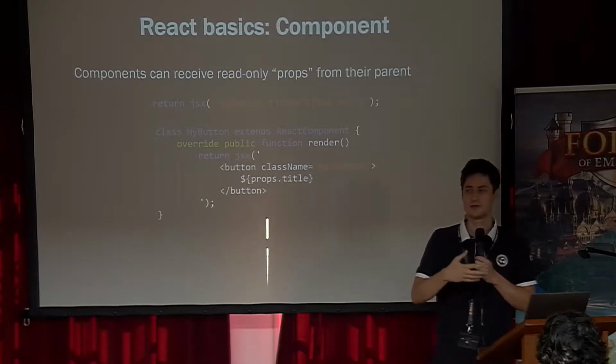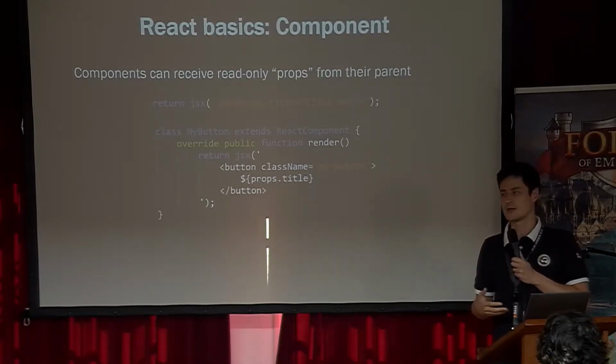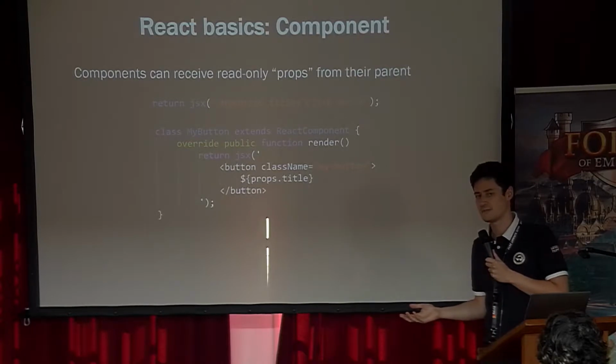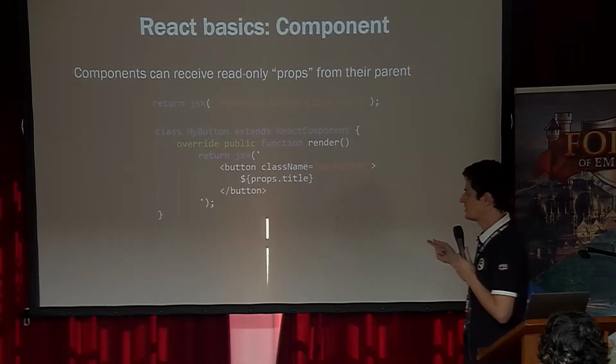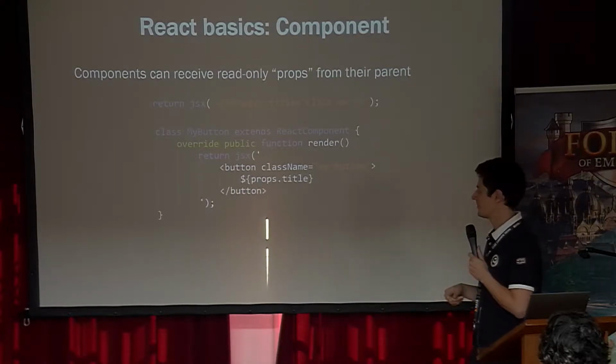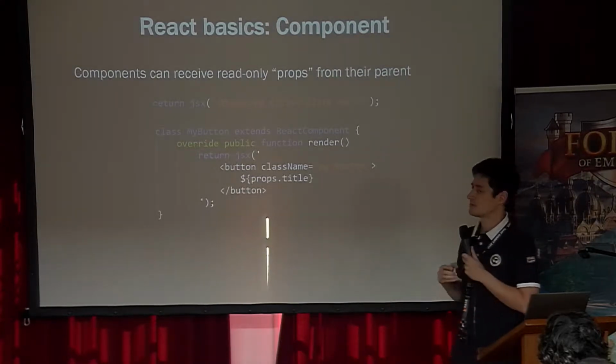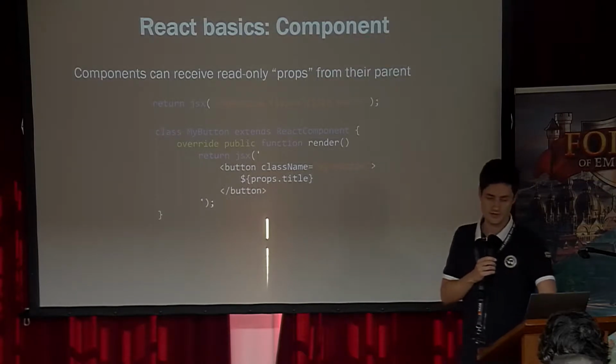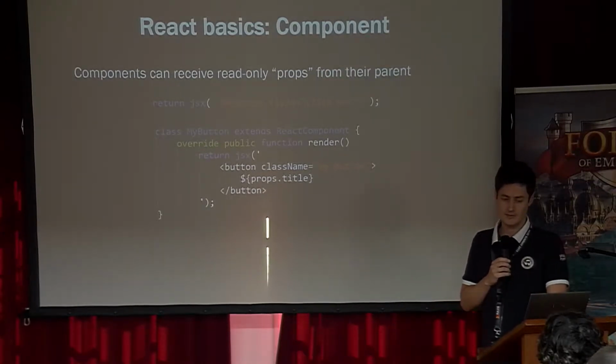So the parent can trigger a re-render and provide new props to the child, but the child is only able to change its own state. I'm trying to go very quickly and briefly on that, but that's the basics.